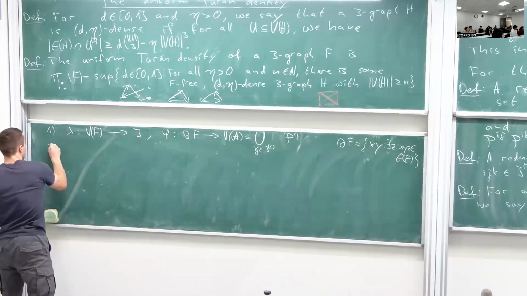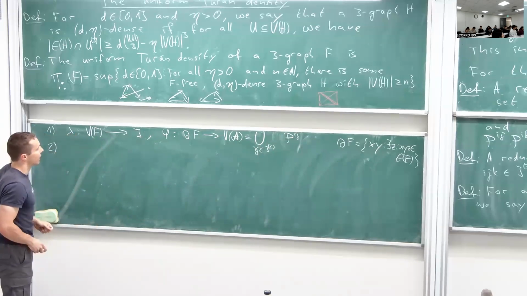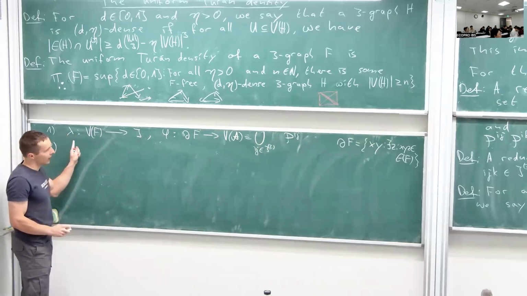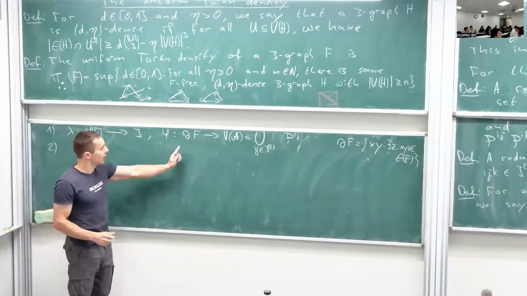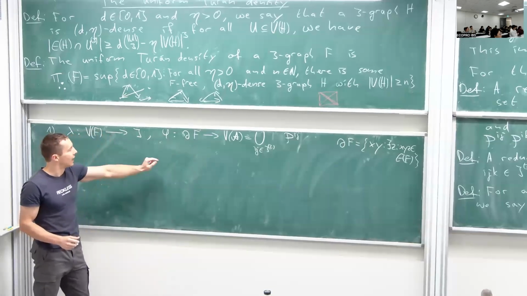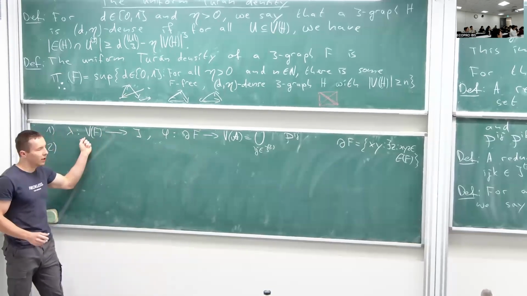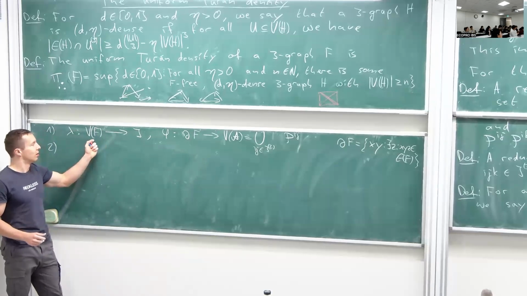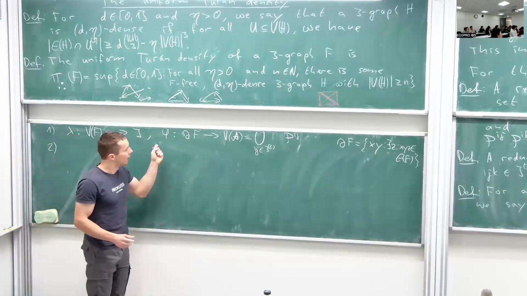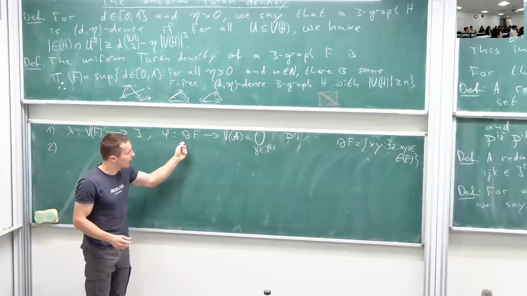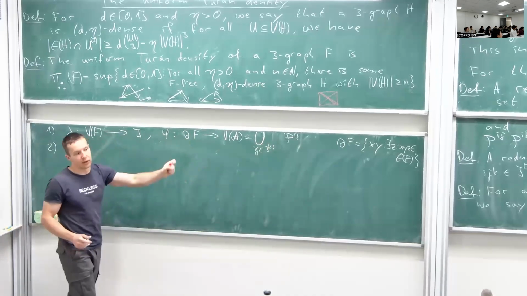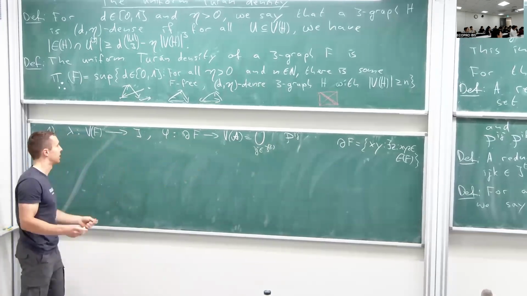The second condition then tells us that whenever we have some pair in our shadow, then we need that the respective vertices get mapped to distinct indices, and the shadow edge gets mapped to the respective vertex class between those two indices.